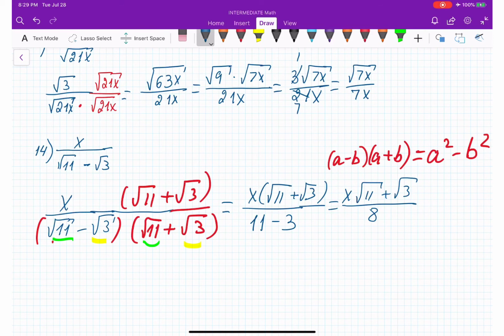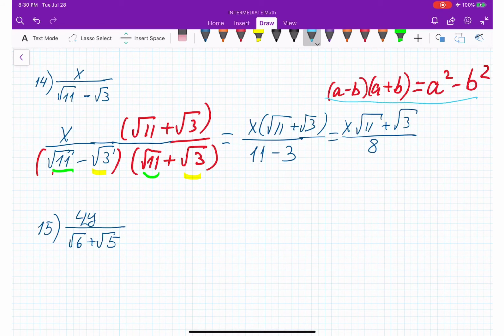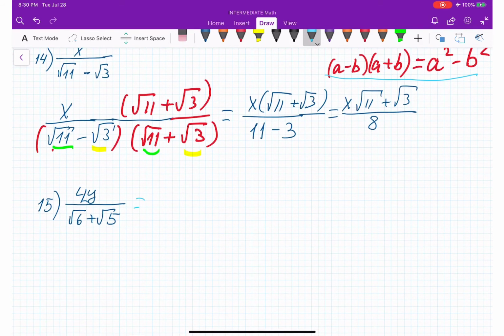Question number 15. For 4y we have square root of 6 plus square root 5. Following this formula, we are going to multiply.